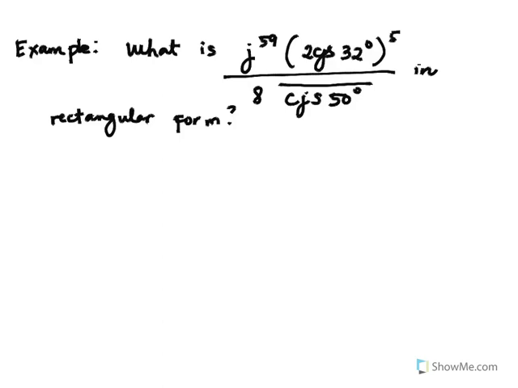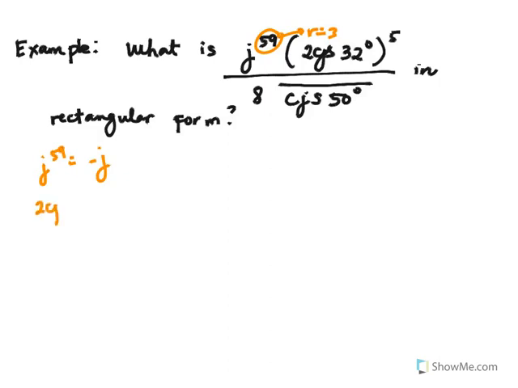Next, simplify j raised to 59 times 2 cis 32 degrees raised to 5 all over 8 conjugate of cis 50 degrees and express it in rectangular form. So what we do here is we first simplify j raised to 59, which is remainder 3. Therefore, j raised to 59 is negative j.